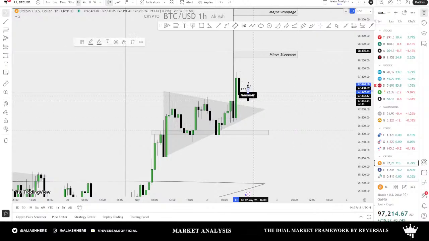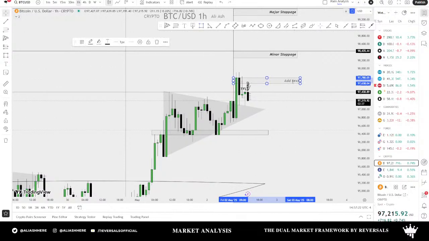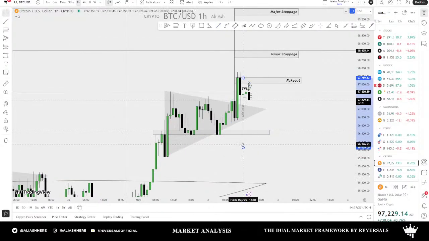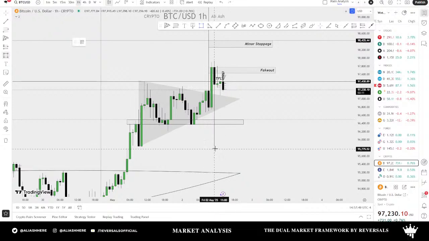And on a 1 hour chart, if this is a fake out, then we can target this.